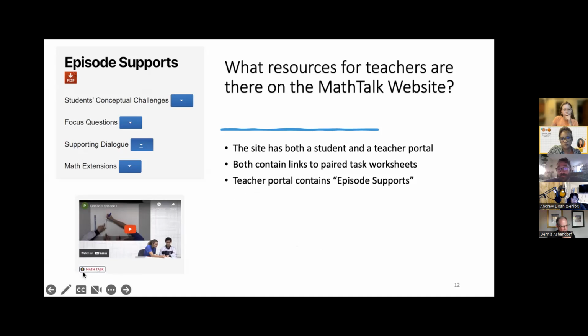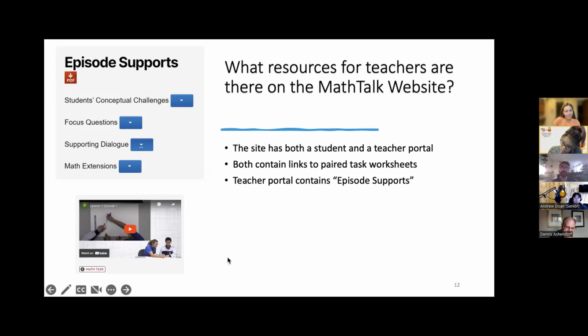What's contained in that button is a worksheet that shows what we call a paired task, which we roughly define as a task that's similar to the task contained in the video. The idea is while students are watching the video, it's best that they're also engaged with some type of end goal. So we have paired tasks that accompany all of our videos.